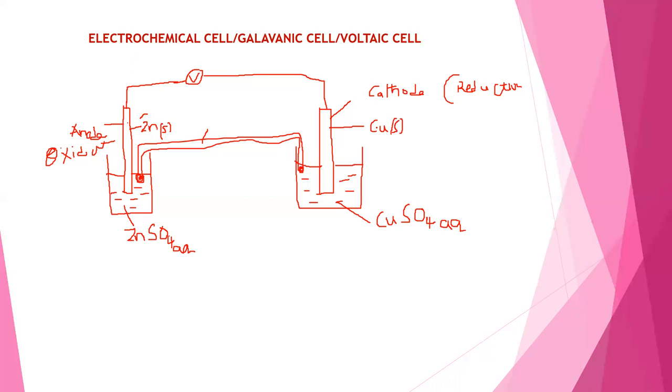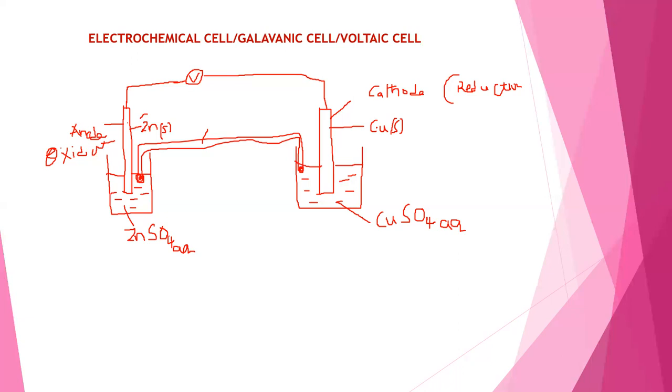Or in other words, you can compare their voltage, the standard electrode potential, of these elements. You realize that zinc has an electrode potential of negative 0.76, while copper has a positive one.